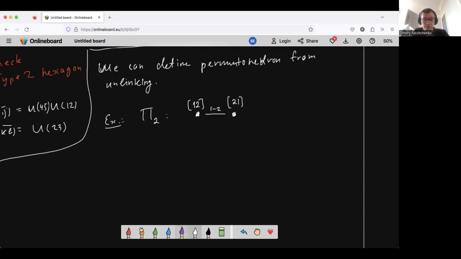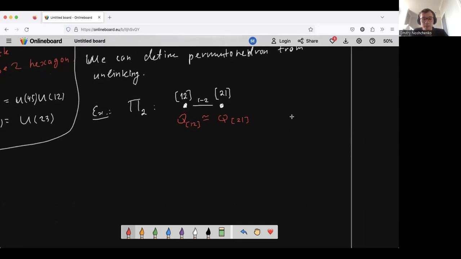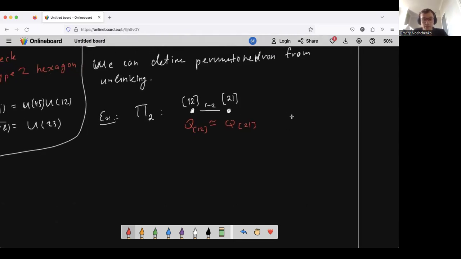And now we want some quivers. Here we want Q, which we label essentially by these tuples of integers. So here we want Q 1, 2, here we want Q 2, 1, and we want them to be equivalent. And effectively, how can we generate such quivers?